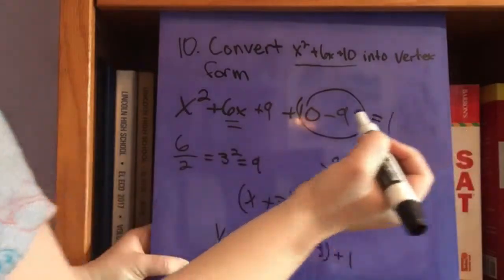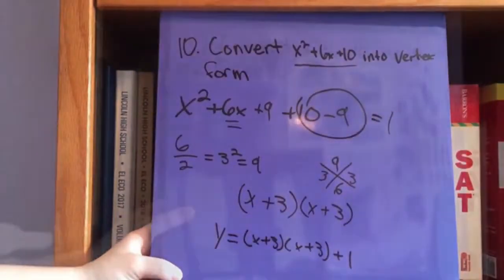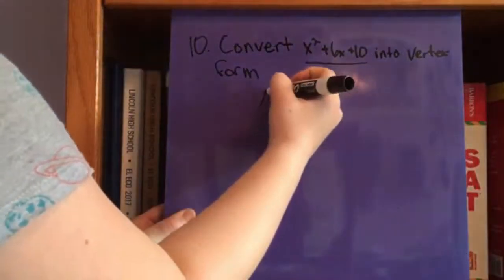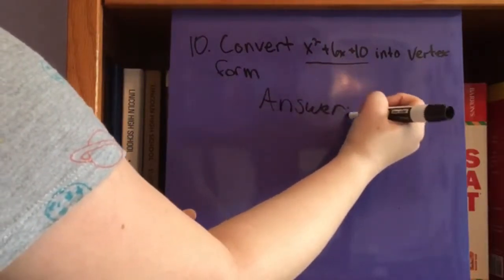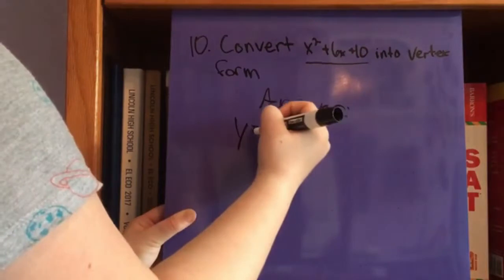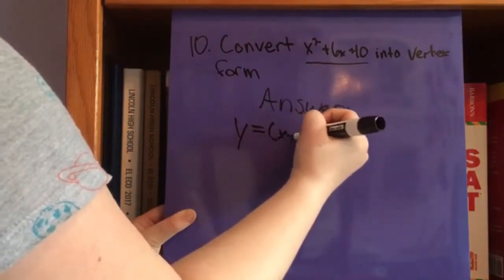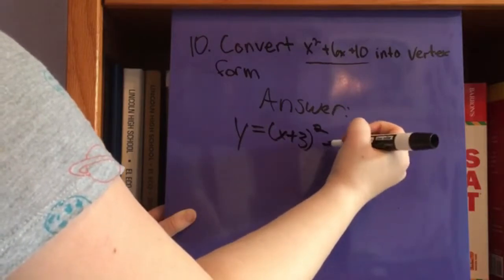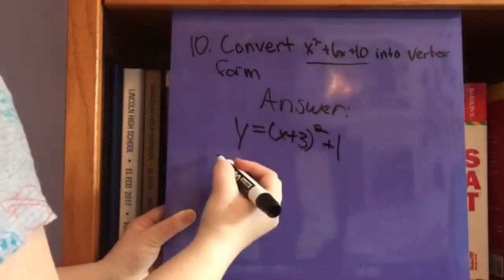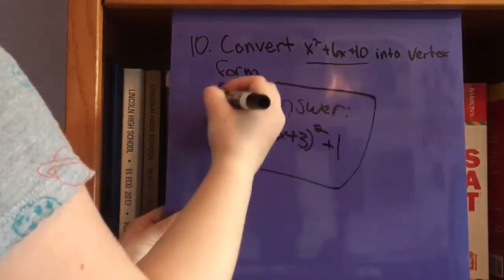And you would add this 1 to the end of your equation. You can then simplify this expression as y equals x plus 3 squared plus 1. And this would be your answer to this problem.